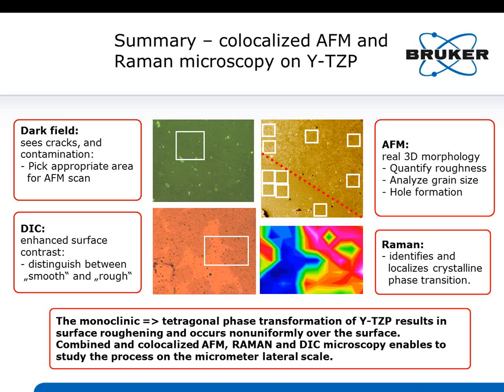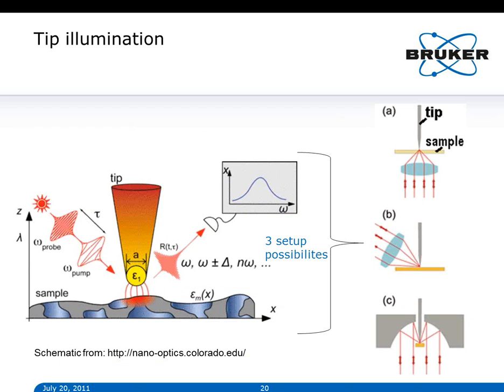And the AFM lets you quantify surface morphology in this case, and the Raman then lets you identify and localize the crystalline areas where the phase transition occurred. So quite a nice study, and of course there are more of them. There's just not enough time in one short webinar.